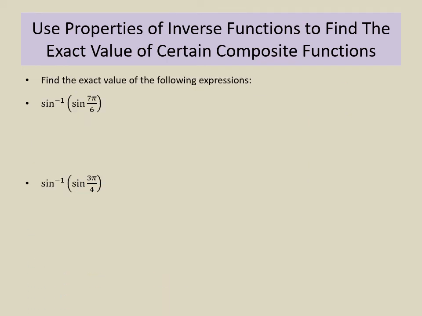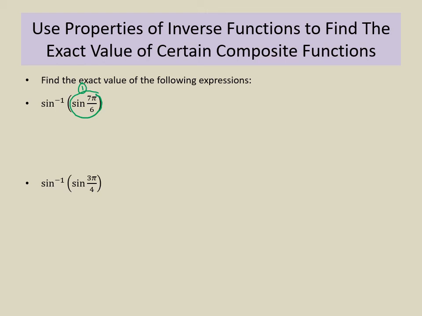Let's do 2 more examples, guys. Those are going to be yours to do. What is the inverse sine of sine of 7 pi over 6? So I want you guys to try this on your own. So get out your notebooks and do the steps. Our first step is, what is sine of 7 pi over 6?